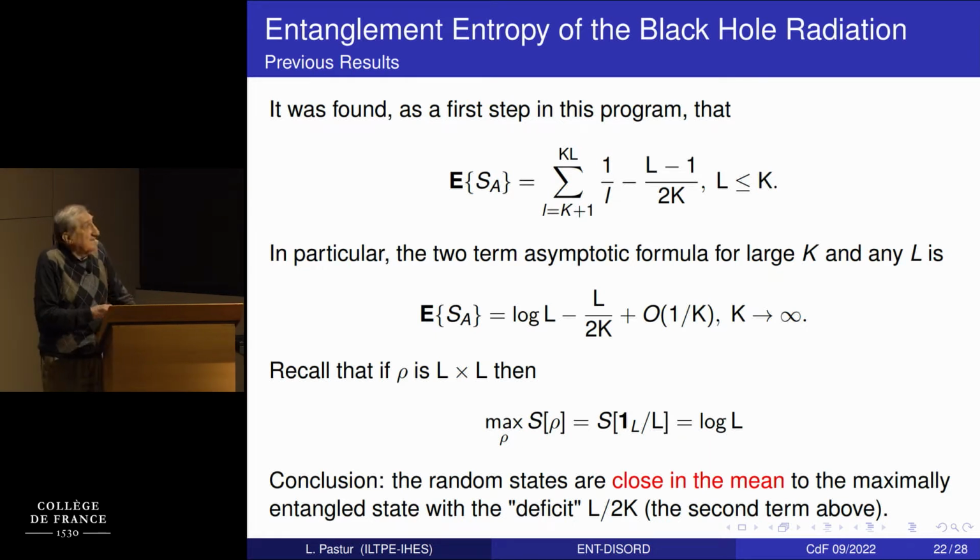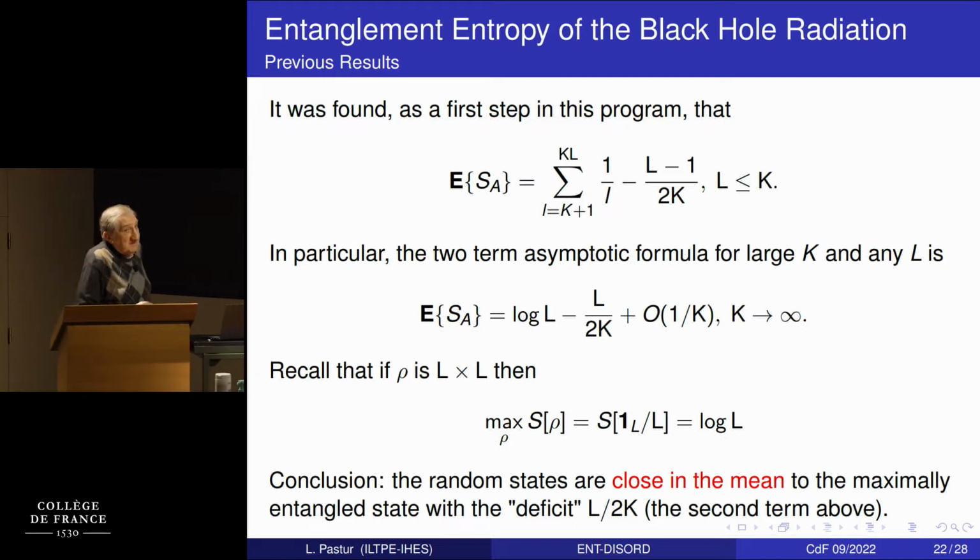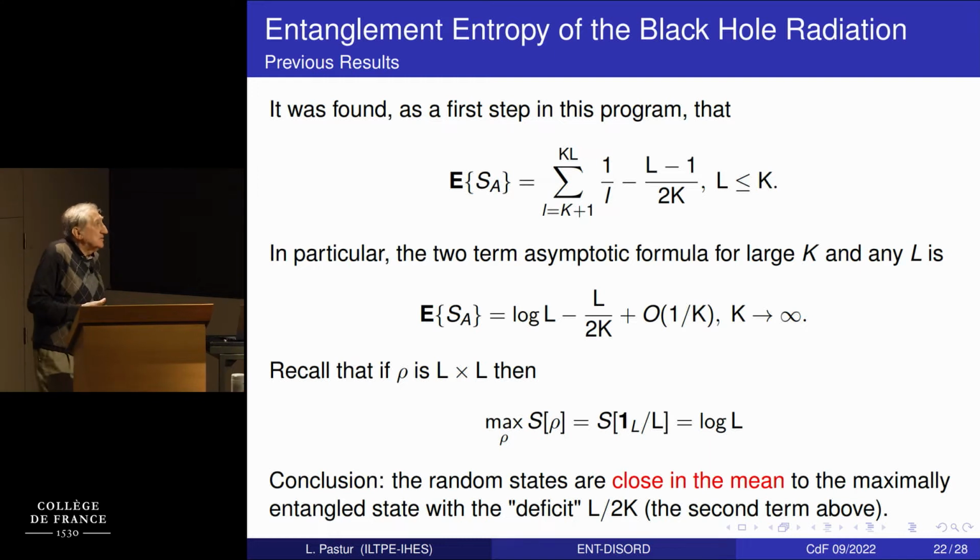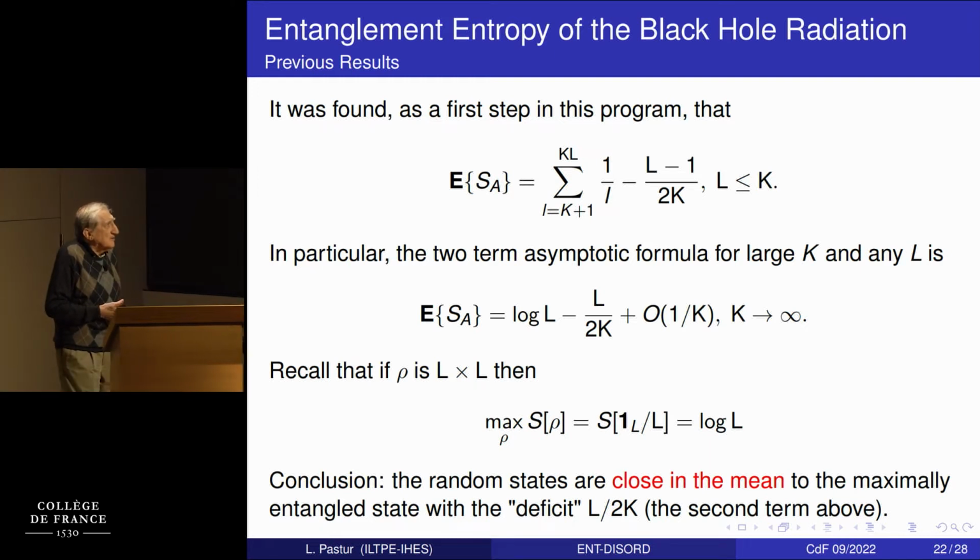Therefore, there were certain efforts to compute the fluctuations. They were computed, by the way, quite recently, I don't know, 3 or 4 years ago, more or less accurately. And the conclusion was, of course, that fluctuations vanish with K. Therefore, the expectation is representative.